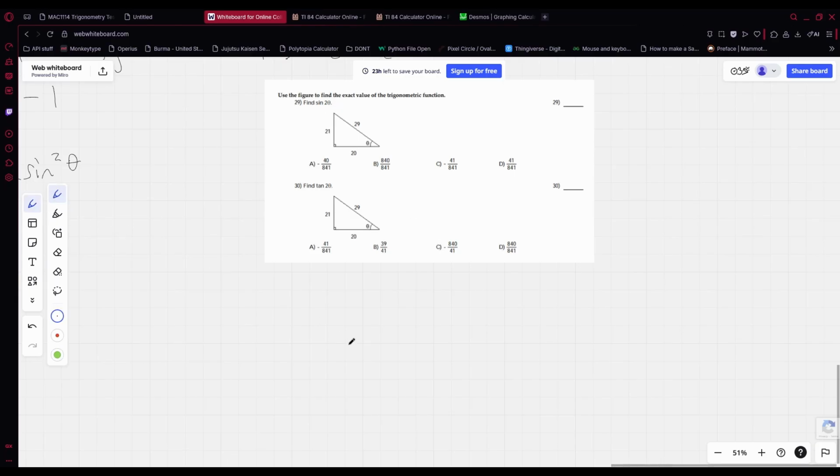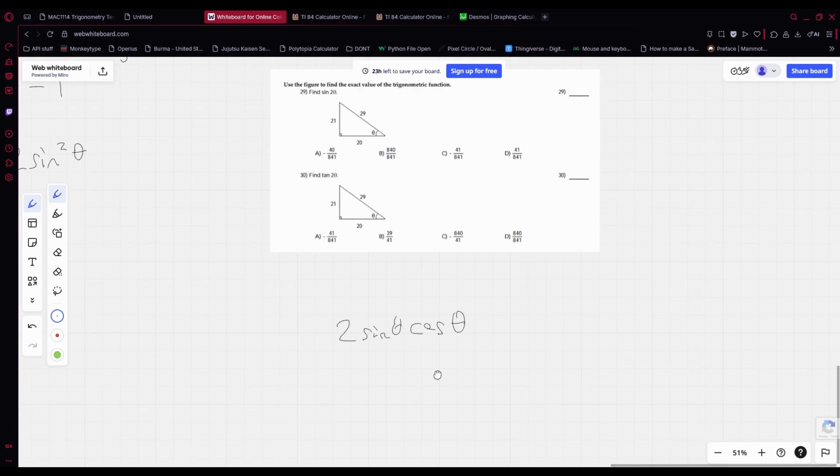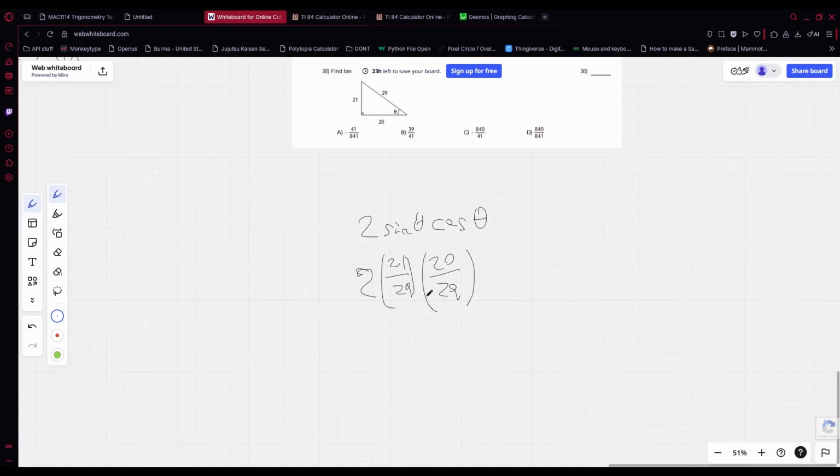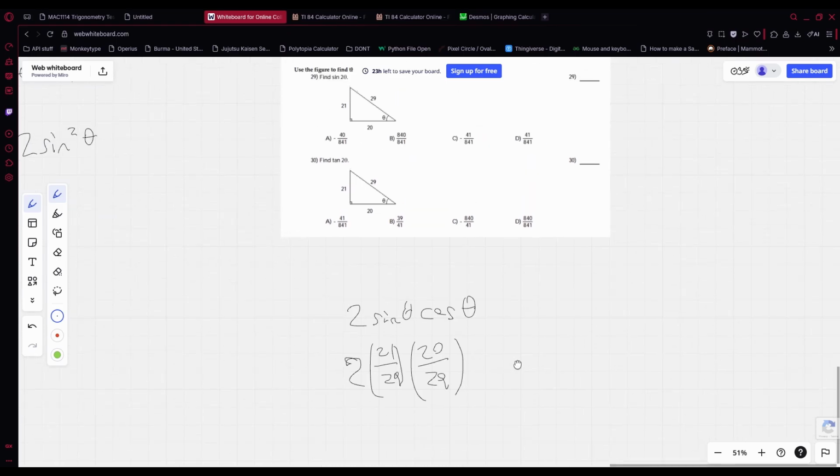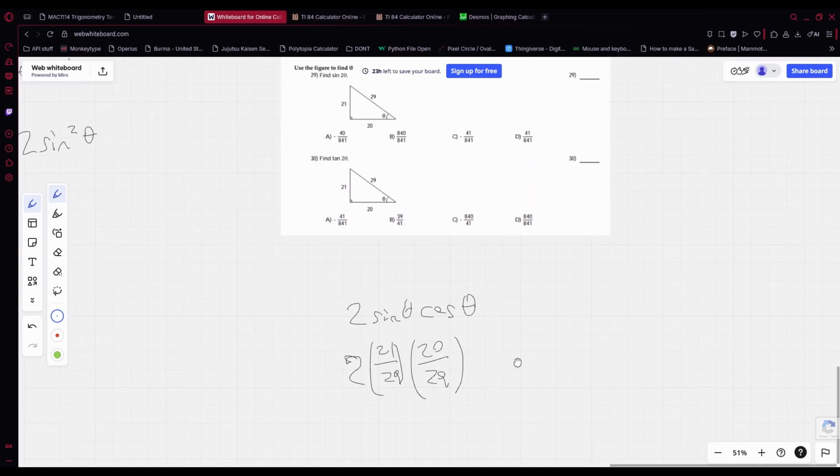All we have to do is we do 2 sine theta cosine theta. Awesome. Sine theta is equal to 21 over 29. Cosine theta is equal to 20 over 29. 29 squared is a number.